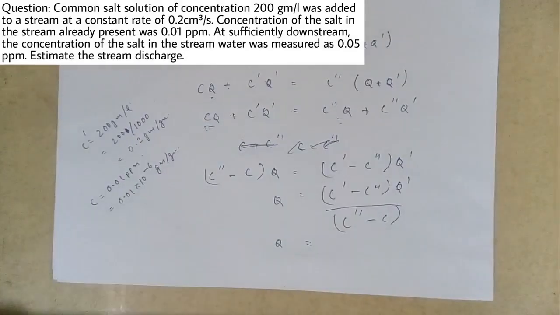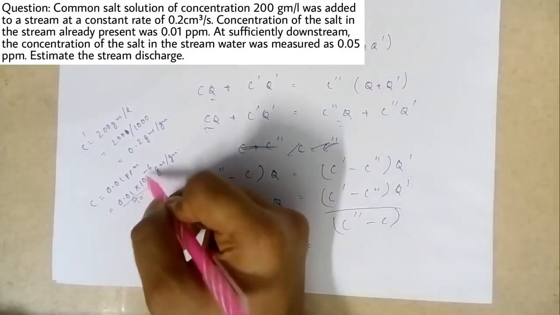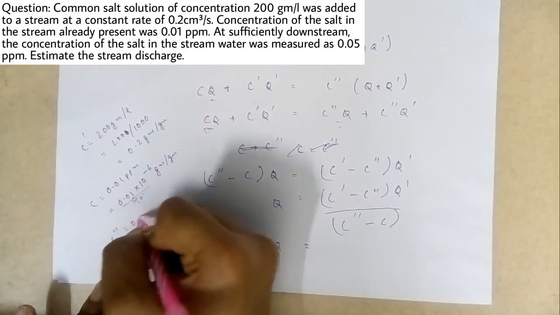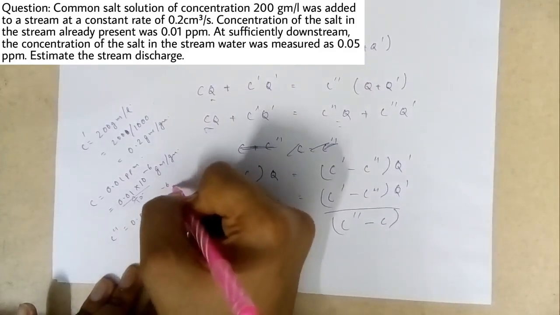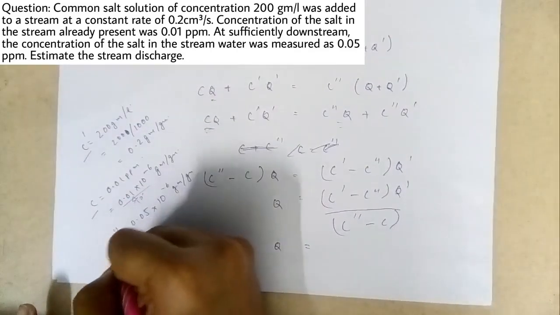One million is 10 to the power 6, so it is a division by 10 to the power 6, or multiplication with 10 to the power minus 6. Similarly, C double prime will be equal to 0.05 multiplied by 10 to the power minus 6 gram per gram. So this is C prime, C and C double prime.